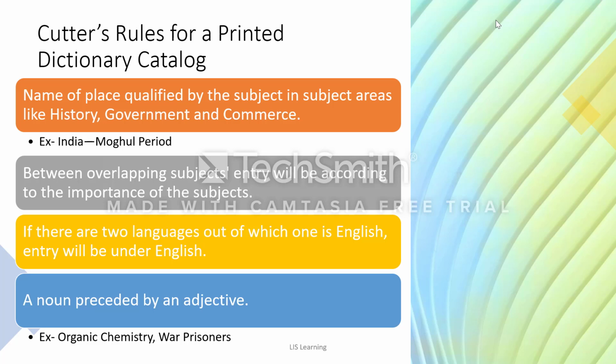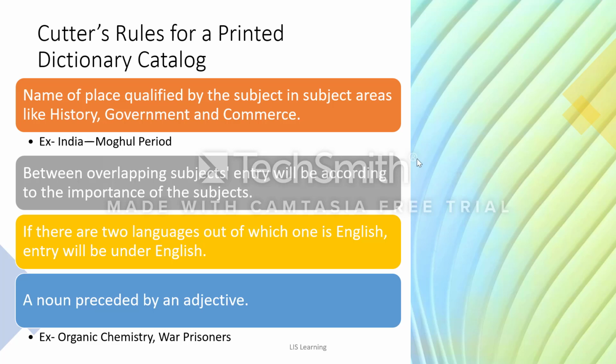One of the rules is that if two terms are explained in the particular text or document, then always the adjective precedes the noun, for example organic chemistry. Here organic is an adjective and chemistry is a noun, like war prisoners.